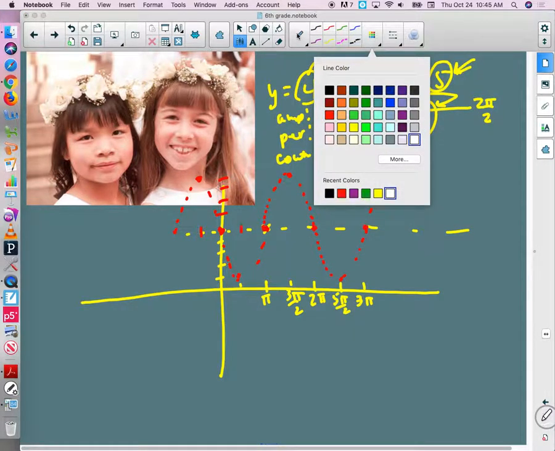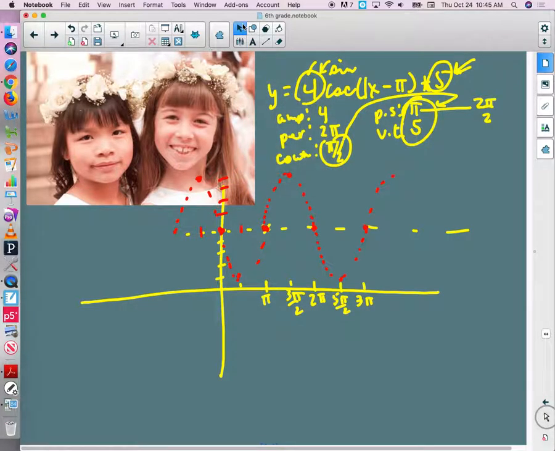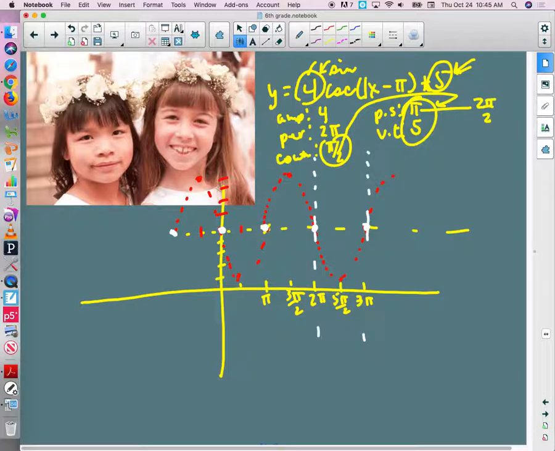Now, we'll do this in white. Everywhere sine touches that middle line, you're going to have asymptotes. Okay?